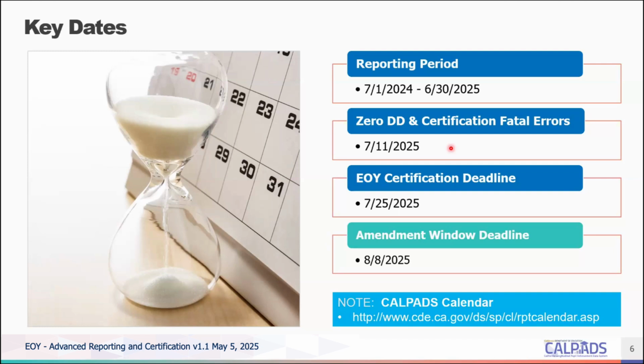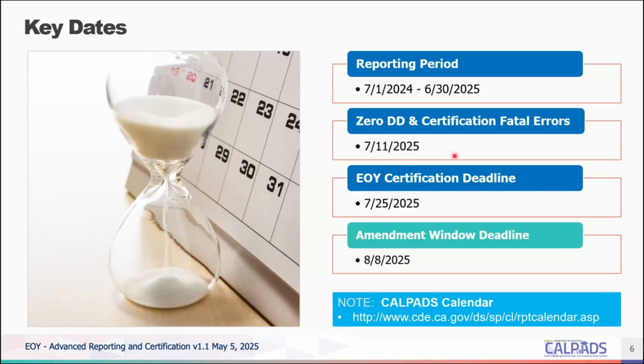The reason for that is to allow you some time to thoroughly review your reports for accuracy and completeness, right? Because the end of year certification window deadline is July 25th. So try your best to meet that milestone date and clear your errors by that date.